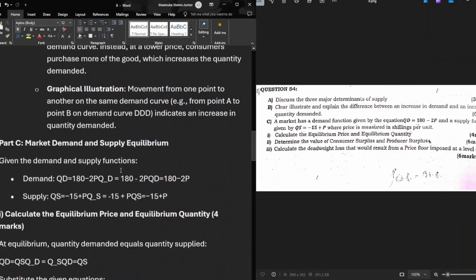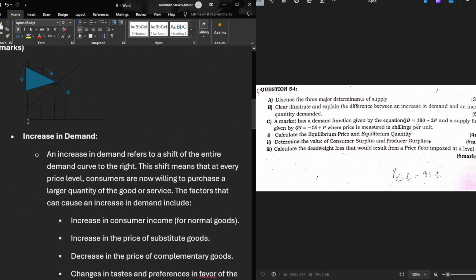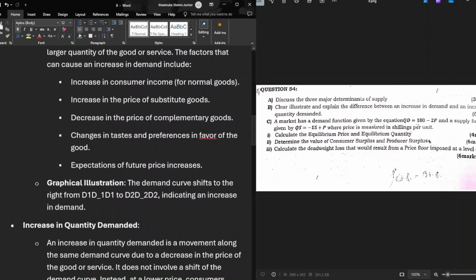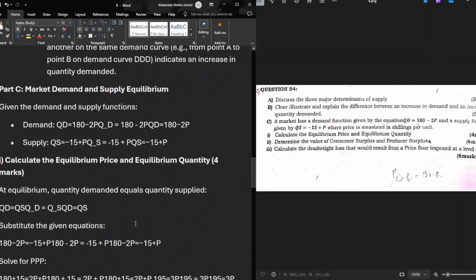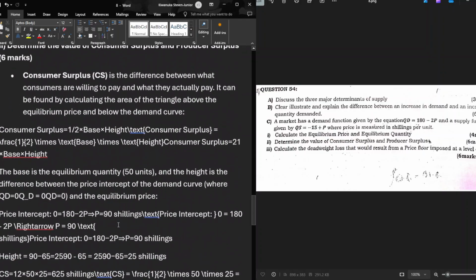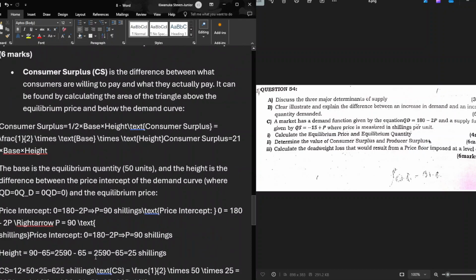At 0, it corresponds to the highest P, which is 90. Remember, we found the first P was 65. So we get 90 minus 65.